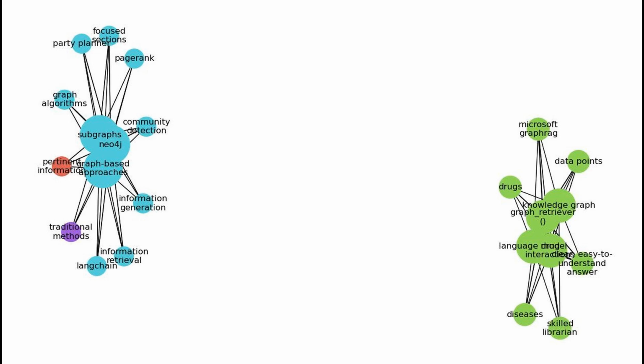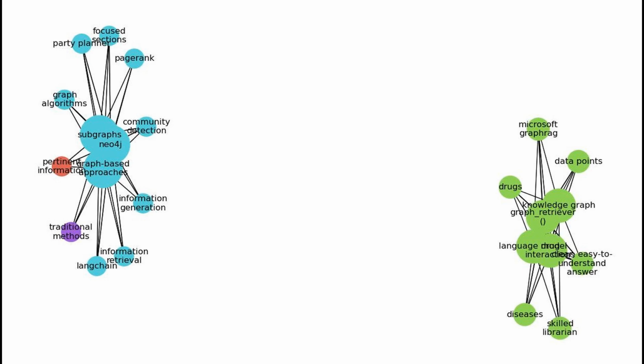When someone asks about a topic, the graph retriever dives into the knowledge graph it has created, identifying relationships between various data points. For example, if someone inquires about drug interactions, this tool can explore the connections between different drugs and diseases, piecing together a context-rich response. After gathering the relevant information, it uses a language model to turn that knowledge into a clear, easy-to-understand answer.